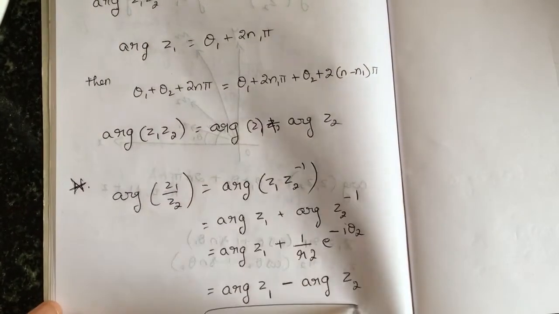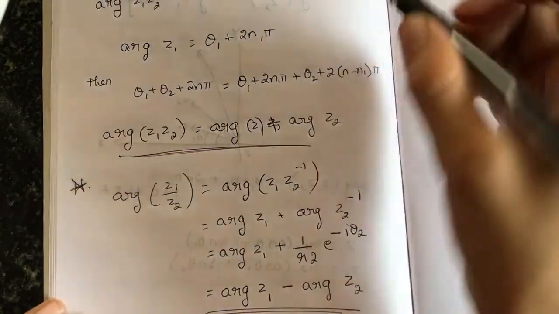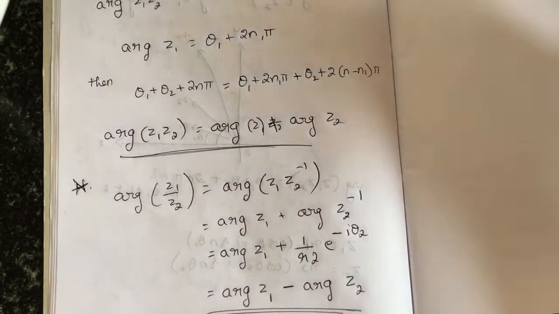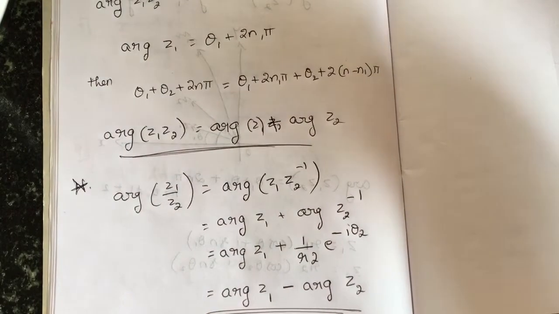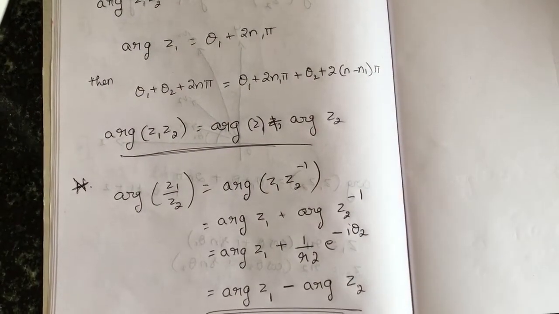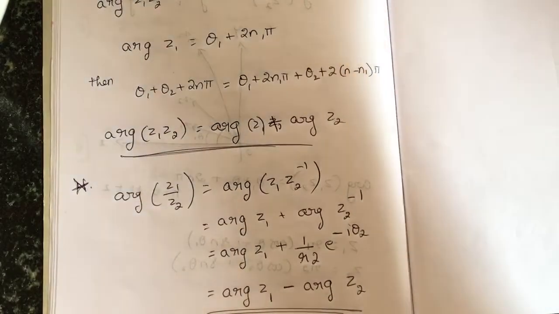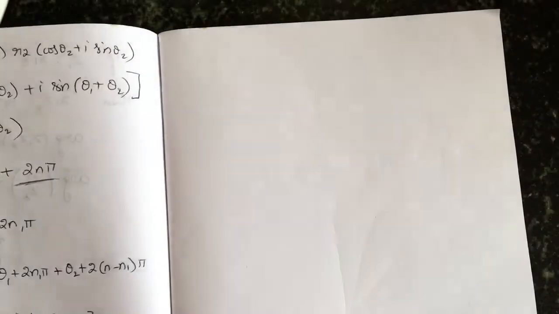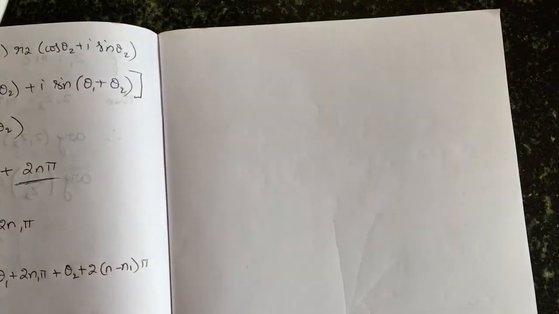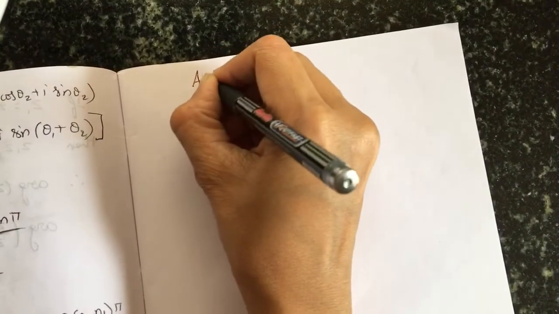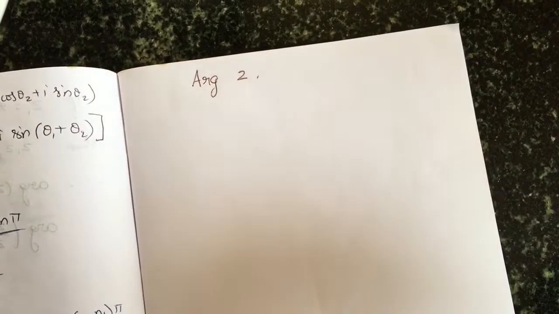See, this is true when I'm taking argument of z, but what happens if I take a particular argument, in the sense principal argument? Is it true when I take the principal value of argument of z, that is arg z? So these two may not work, in fact, when I take a principal value of argument of z.